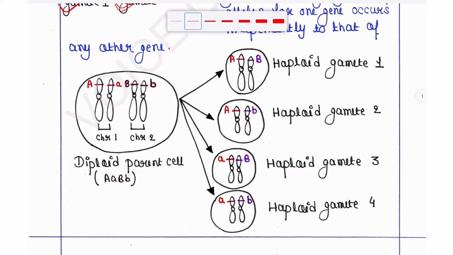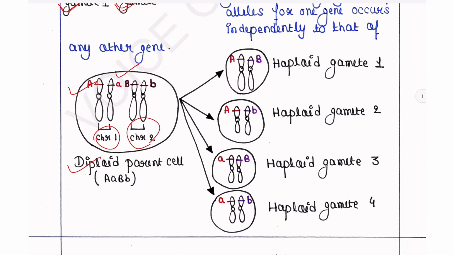Okay. So here the parent cell is showing two different chromosomes, chromosome 1 and chromosome 2. A pair of chromosomes 1 carry capital A and small a alleles, and a pair of chromosomes 2 carry capital B and small b alleles.